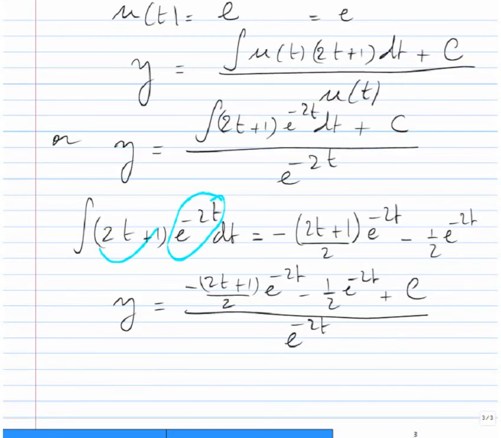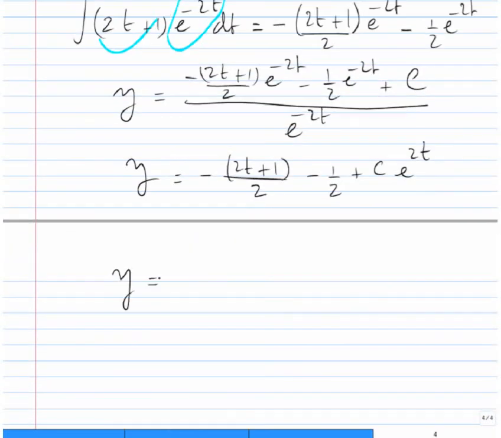Once we have done all the algebra, we find that the answer is minus (2t plus 1)/2 minus 1/2 plus c e^(2t).